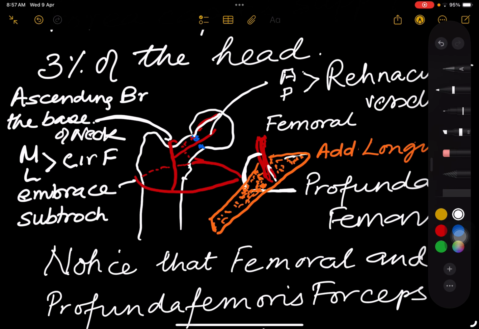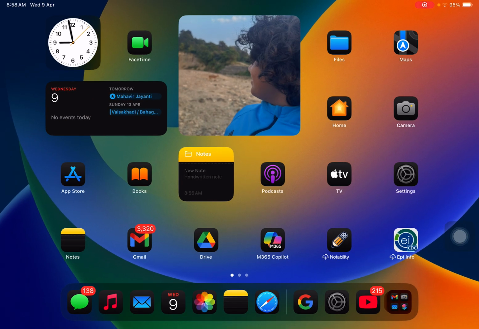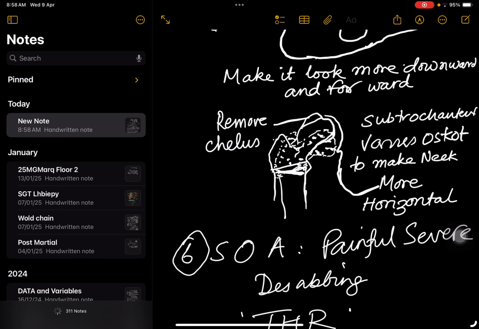The other supply of the head starts from, so this is the femoral artery, and the femoral artery and its branch profunda femoris sort of forceps the adductor longus muscle, and this profunda femoris embraces the subtrochanteric region of the femur, giving by its two branches, the medial and the lateral circumflex femoral.